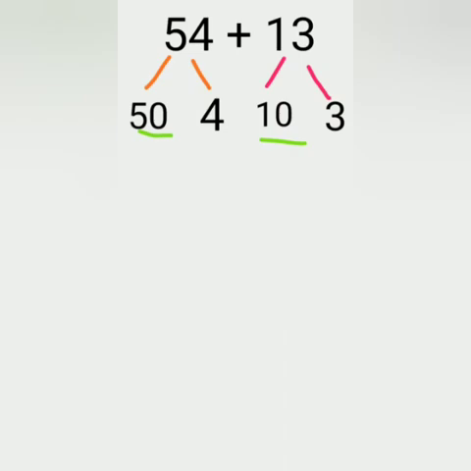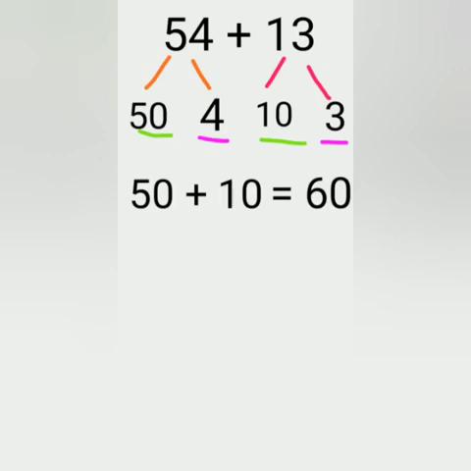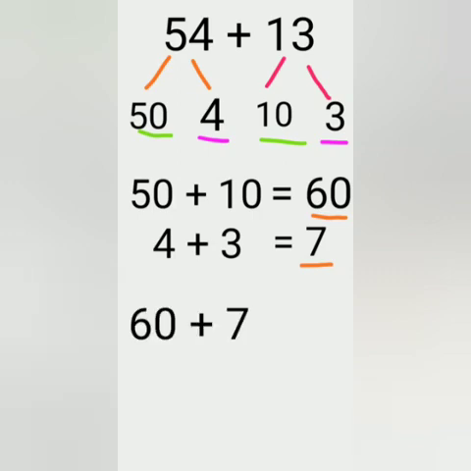Add the 50 and the 10. 50 add 10 equals 60. Excellent work. Now what do we do? 4 and 3. 4 add 3 equals 7. Great work, Year 2. You're doing amazing. Now what should we do? Add the 60 and the 7. So 60 add 7 equals 67.